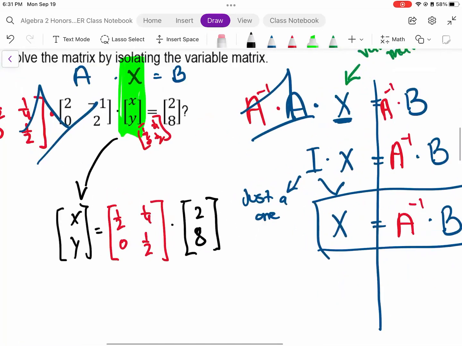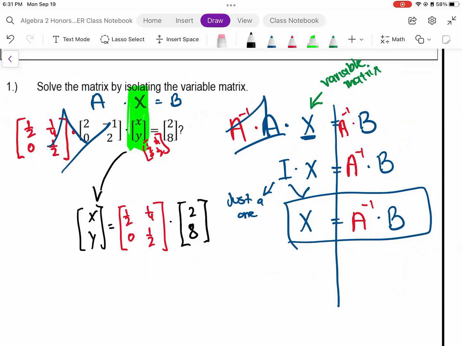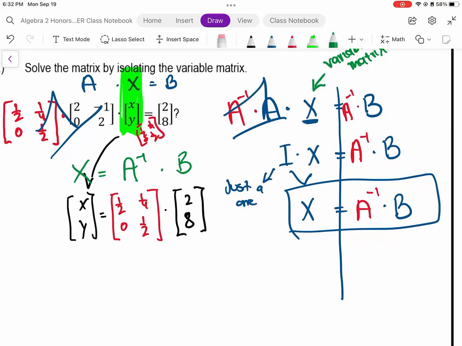If you compare it to our earlier example, this represents the X, this represents the inverse matrix A, and this represents the B. So to solve the equation, all I have to do is multiply those two matrices right there, which I'm going to do with the calculator.